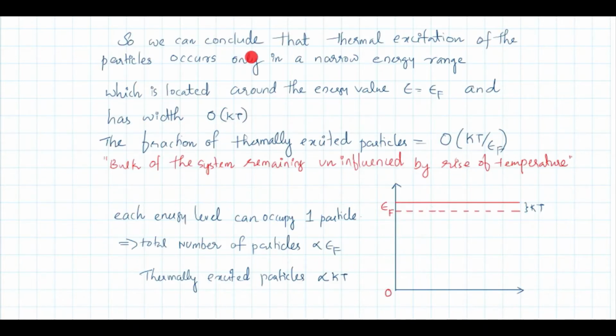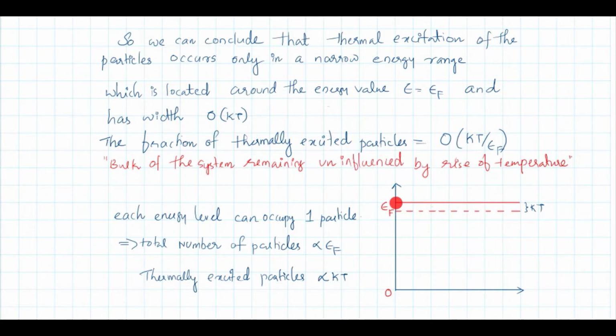So we can conclude that the thermal excitation of the particles occurs only in a narrow energy range, which is located around the energy value E equal to EF and has a width of the order kT. When you give a temperature T to a system, the corresponding energy is kT.